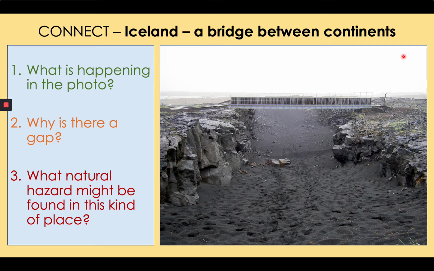Well, you should have said that in this photo, 2 continents, the North American continent and the Eurasian, are spreading apart. You should have said there's a gap for number 2 because as these plates spread apart, the crust is pulling apart as well, the Earth's crust. And consequently, there's less rock remaining in between the 2 plates.